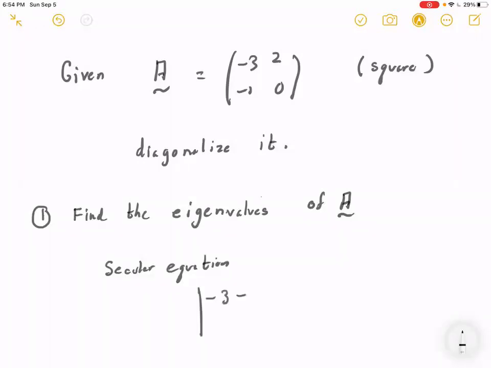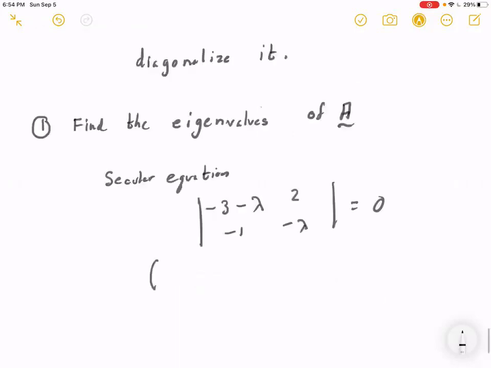That's easy. Here she is. You can multiply this determinant out. You get lambda plus 2 times lambda plus 1 equals 0. So lambda sub 1 has to be equal to minus 1. Lambda sub 2 has to be equal to minus 2.